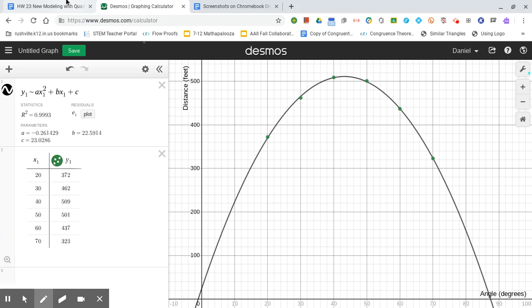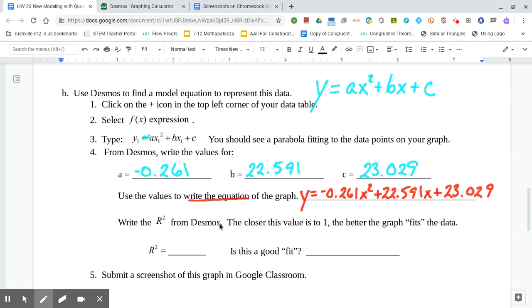Okay. So one more question up here is to look at the r squared value. We're not going to talk about all this stuff much after today, but it is nice to see it, so you get a little exposure to these ideas. R squared serves a purpose, and we're told that the closer it is to 1, the better it fits the data.